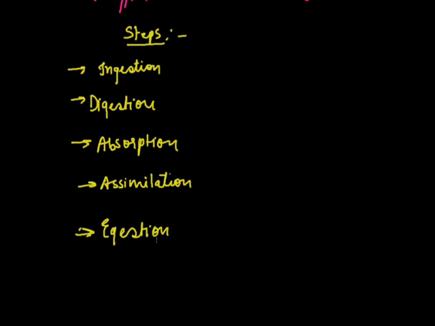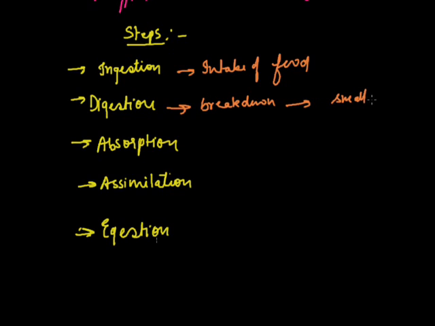Now, regarding ingestion, ingestion is the process of intake of food. On the other hand, digestion is the breakdown of large complex food into small soluble forms of food. Absorption: after digestion, the digested food is taken up through the intestinal wall to reach the blood or body fluid.